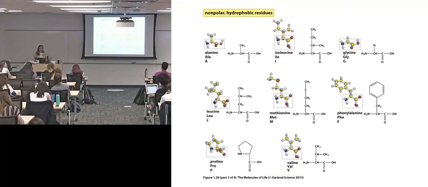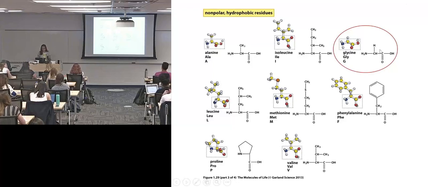So then we also have all of our hydrophobic residues and all of our nonpolar residues. We had glycine, which we mentioned was special because its side group is just that hydrogen. It's the smallest side group. What's going on with proline?